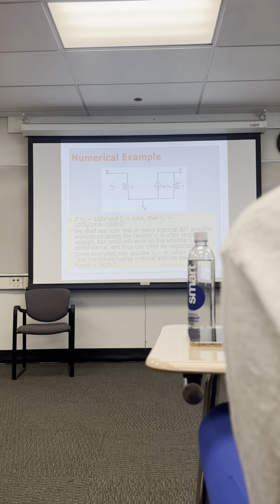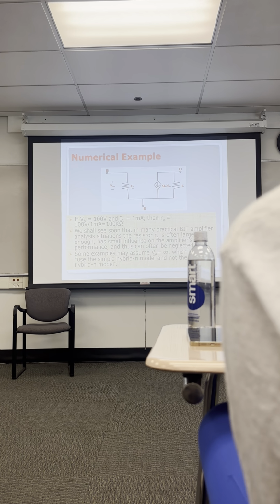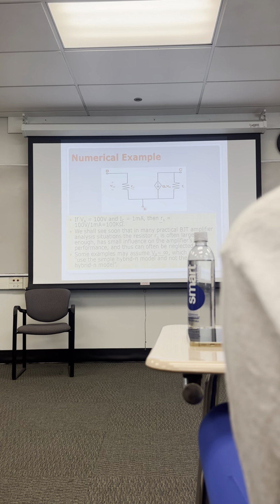Sometimes the early voltage is given as infinite. If it is, it just means we do not have to include this extra resistor in the hybrid pi model.